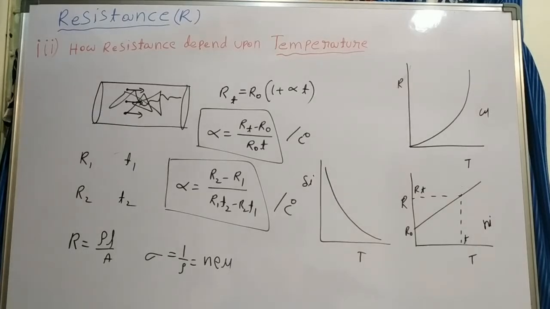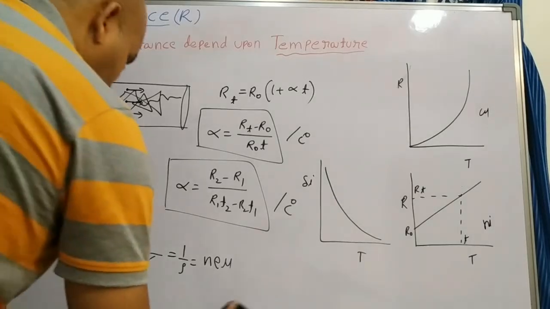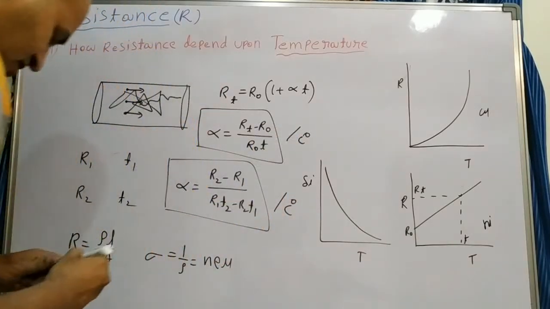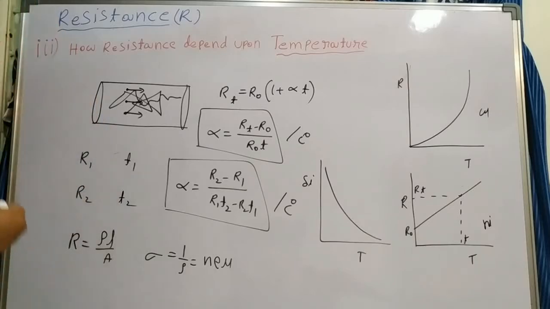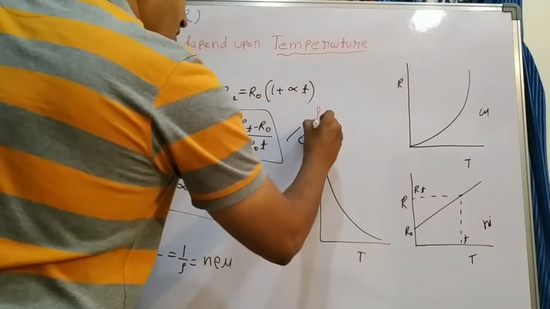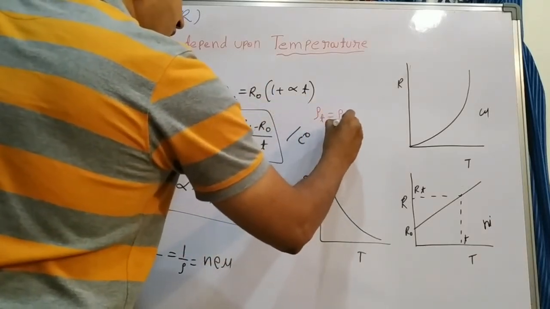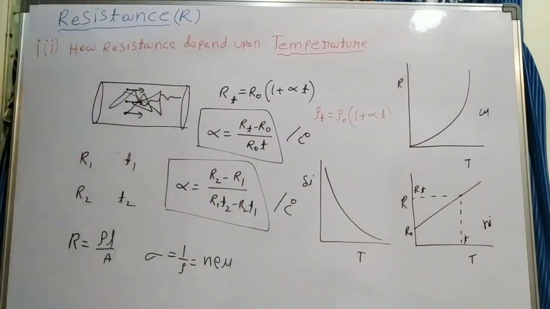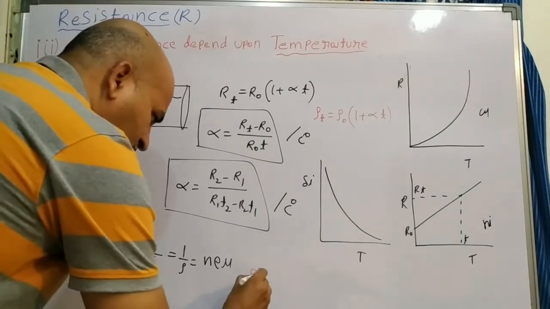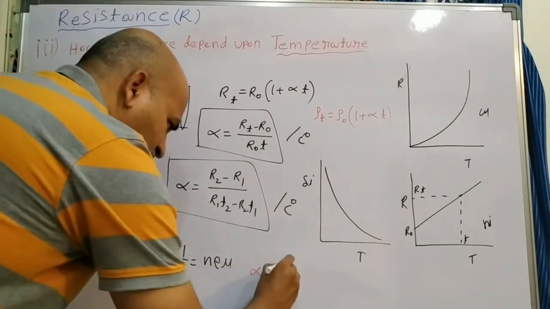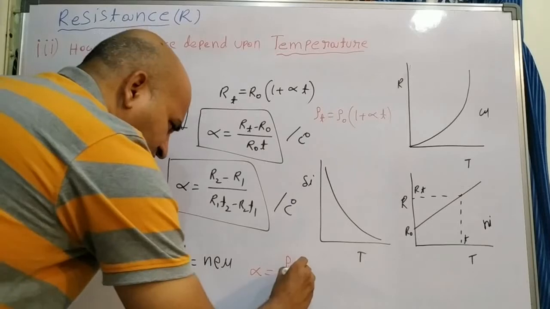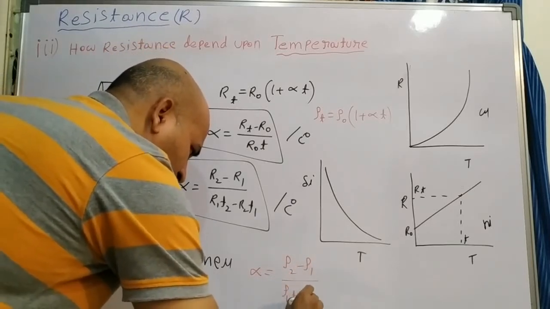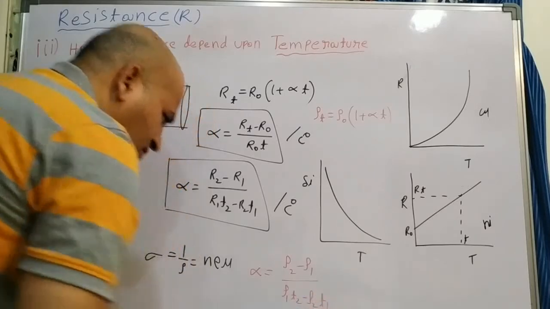As resistance changes, in the same manner, resistivity also changes. Suppose in place of R_T, what can you write? In place of R_T, I use resistivity: rho_T is equal to resistivity at 0 degrees into (1 + alpha T). Otherwise, here alpha, if you want, is (resistivity at T2 degrees centigrade minus resistivity at T1) / (rho1 T2 - rho2 T1), we can write.